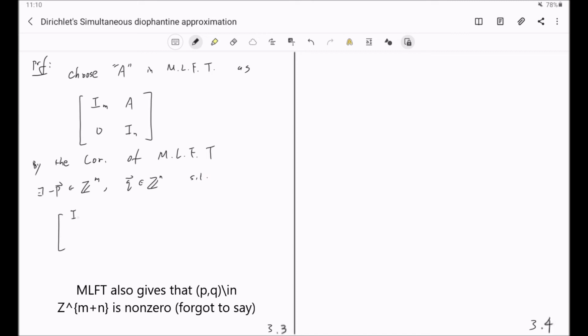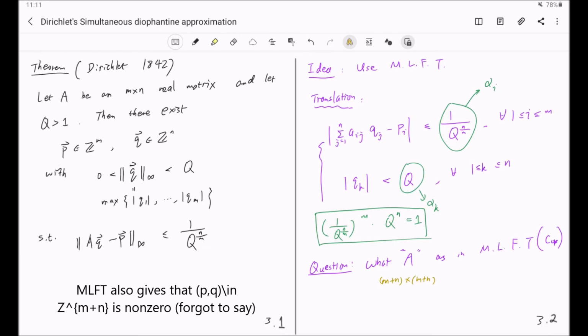this matrix applied to this vector has components satisfying those inequalities.